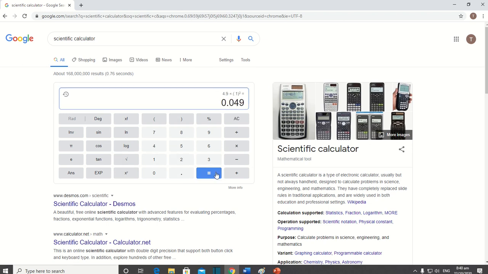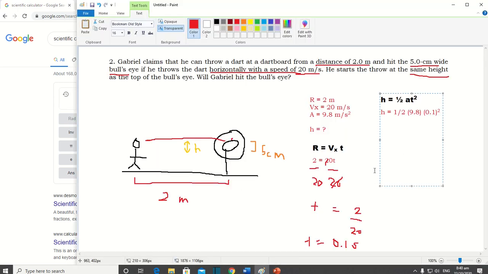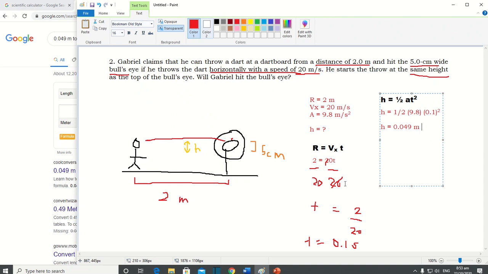So kung anong sagot, ayan, meron tayong height of 0.049 meters. Ang nakuha nating height ng projectile nung dart is 0.049 meters.